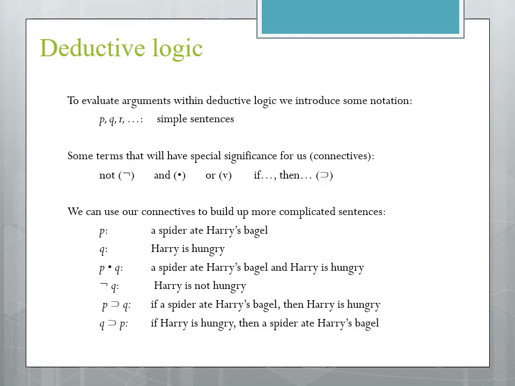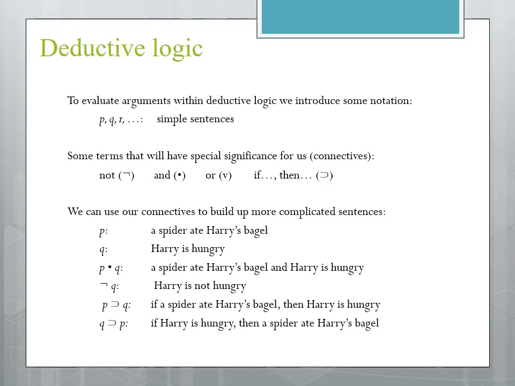We can reverse the order of a conditional sentence, an if-then sentence. So here we have Q horseshoe P, which translates into English as, if Harry is hungry, then a spider ate Harry's bagel. So hopefully now you've got some sense as to how translation works back and forth between our symbolic language, which is so important for deductive logic, and a natural language such as English.